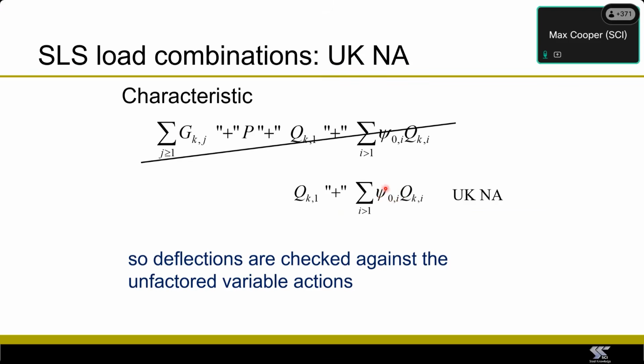So that's usually a factor of 0.7 or 0.5. I would suggest it's fairly unusual that you would need to combine variable actions for checking deflections, but if you need to, that's how you would do it. But really what you're looking at is just the characteristic value of the variable action.